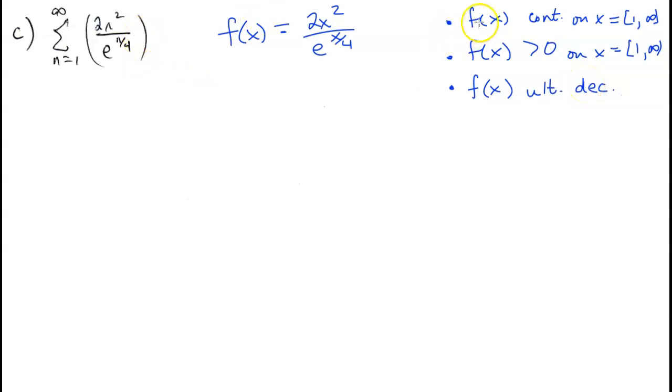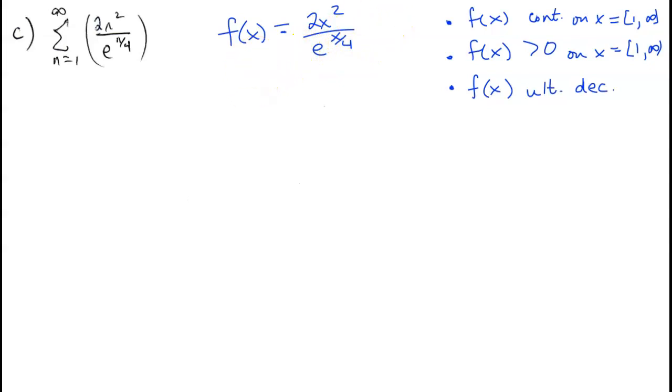So, of course, is it continuous on the interval from 1 to infinity? Yes, it is, because we know that 2x squared is a function that's continuous for all real numbers. So is e raised to the 1/4 x.